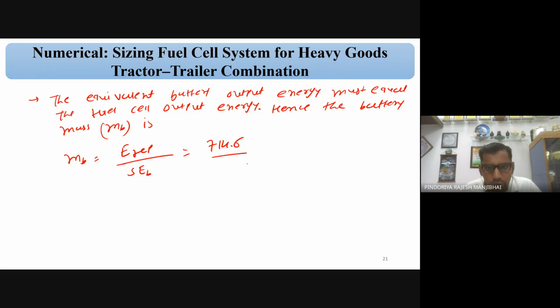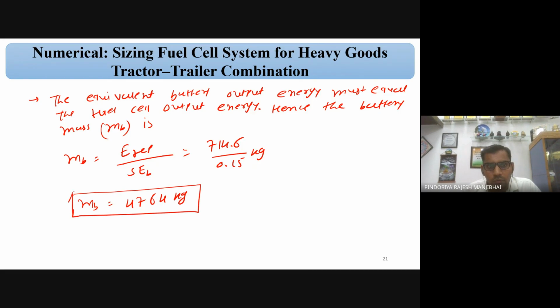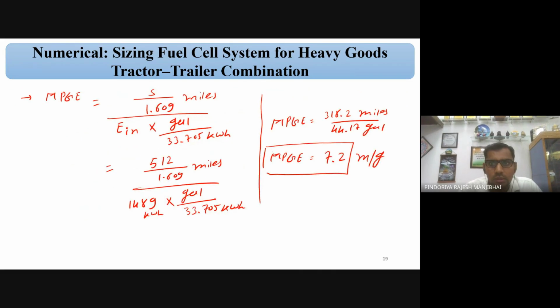Okay. So this one is in kilograms. So ultimately the mass of the battery is 4764 kilogram. So this is your final answer for the second part, and this is the final answer for the first part.